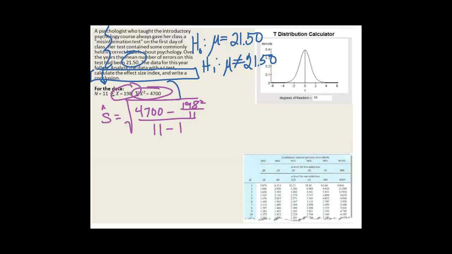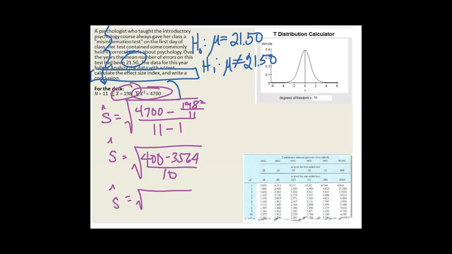That will give me an S hat, if I work out the math there, of 4700 minus 3564, all divided by 10. And keep working through the inside of this. I get the square root of 113.6, which leaves me with an S sub hat of 10.6583.